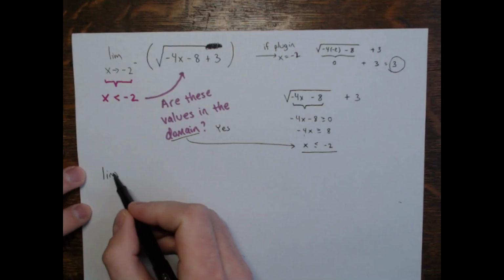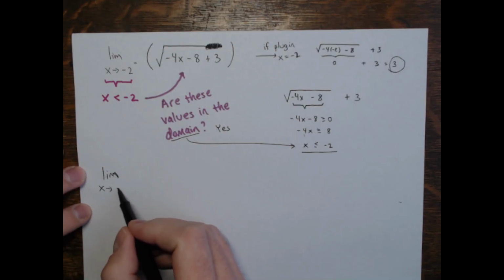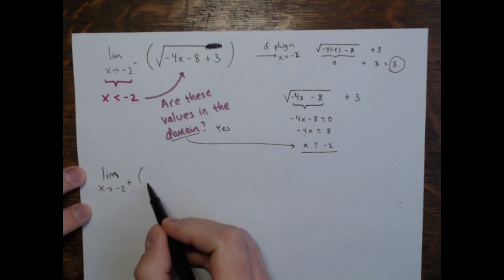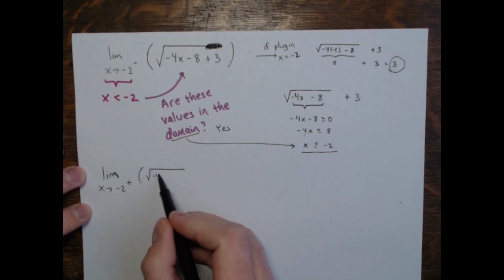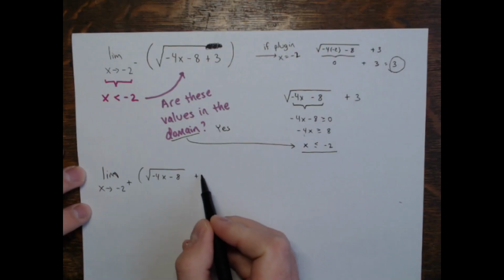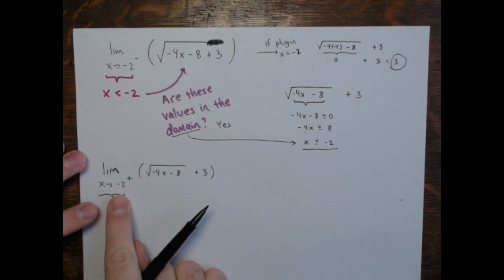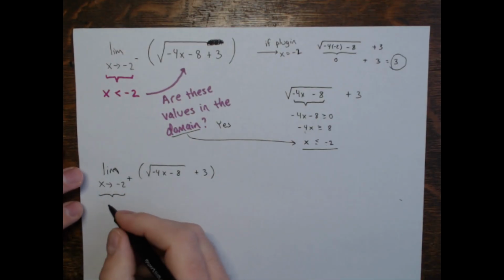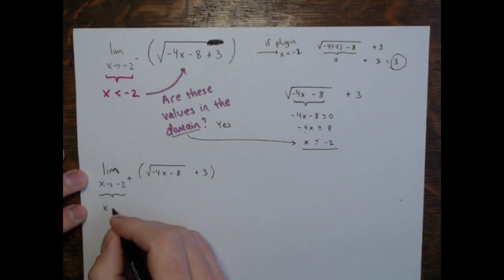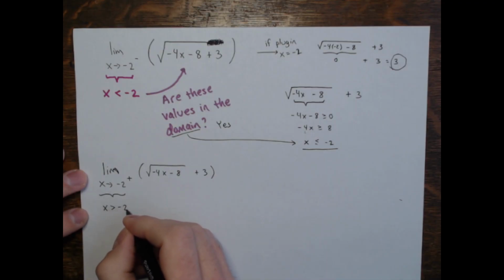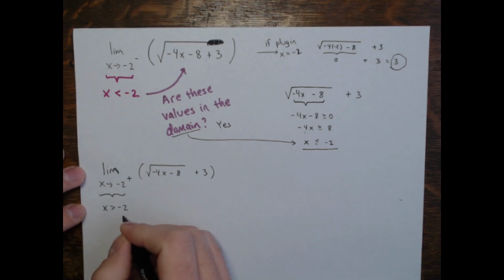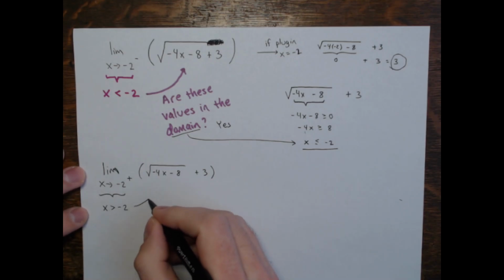Now look at the other one. The limit as x approaches negative 2 from the right of this same expression. This time, when we're approaching negative 2 from the right, the values we're looking at are values greater than negative 2. So negative 1.9, negative 1.99.